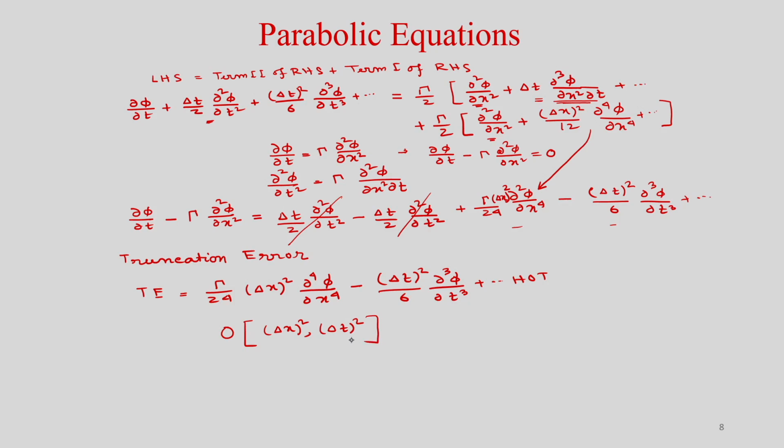So, it is just truncation error we have found, which is the difference between the partial differential equation and the finite difference equation. So, first we discretize that equation, after that we expanded each dependent variable using Taylor series, then we put it in the finite difference equation, then the difference we have found as truncation error, and the leading terms you can see are delta x square and delta t square.